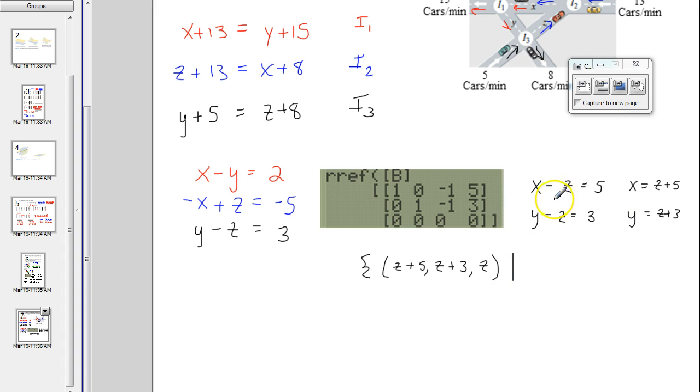Because z is a number of cars on a road, so z has to be positive. But because there is no subtraction in any of these, we're not subtracting z from anything, we don't have that upper limit like we did on the last one for z.